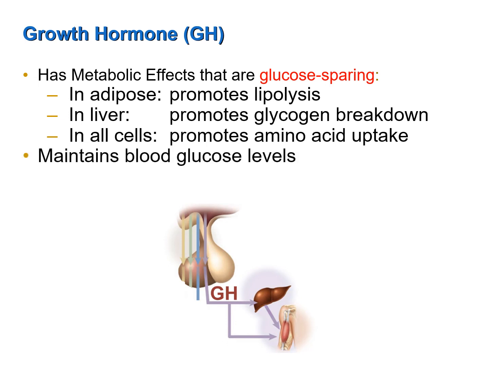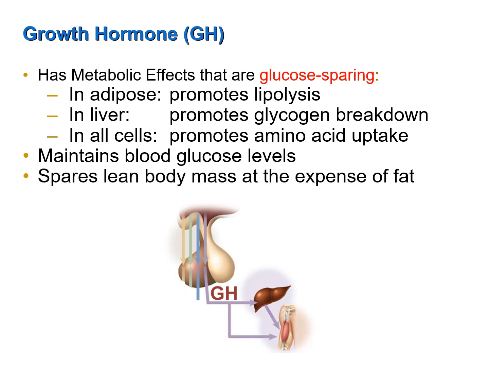So growth hormone helps maintain blood glucose levels while at the same time sparing lean body mass, that is, promoting the building of protein and protein-containing tissues like muscle, while allowing the body to use fat as a source of energy. So promoting lean body mass or sparing lean body mass at the expense of fat.